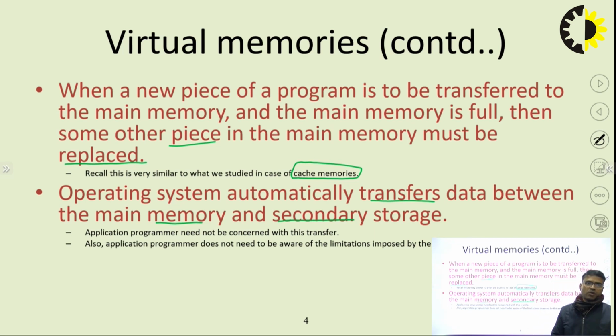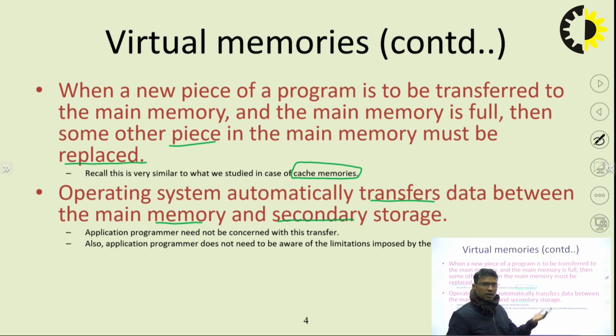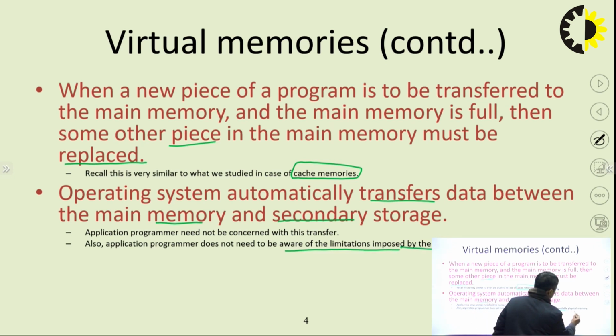Okay, so the application programmer need not worry about this transfer. In the background, the operating system takes charge, and this happens without disturbing the programmer. The application programmer does not need to be aware of the limitations imposed by available physical memory, and can create a program larger than the size of main memory, or many programs can run together, because the program is executed in main memory piece by piece.